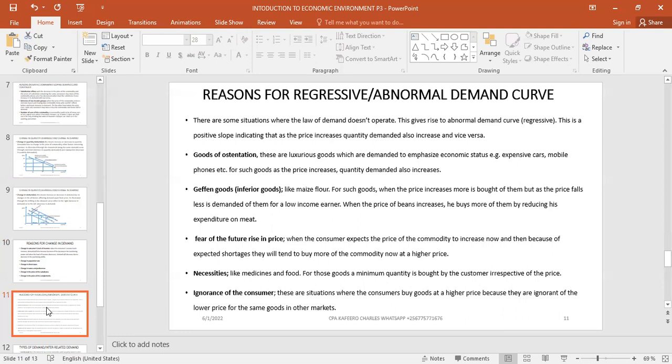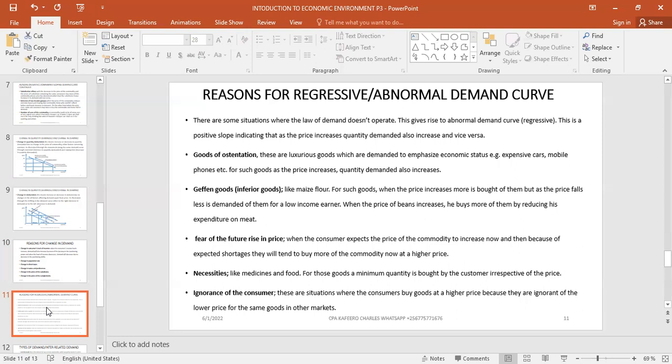This abnormal demand curve violates the law of demand, in the sense that for them, even when the prices are increasing, the quantity is also increasing. That even when the prices are low, instead of the demand increasing, it will rather be reducing. We are going to see what are some of the situations or what causes this, that the law of demand is violated or is not applicable.